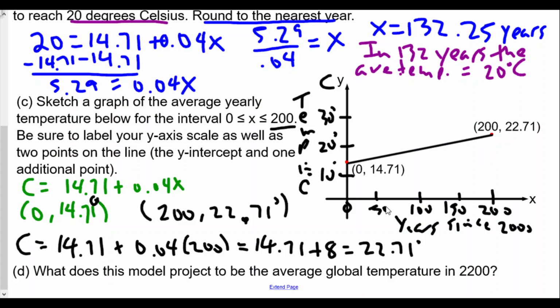Now, finally, for last part D, we have here, what does this model project to be the average global temperature in the year 2200? Well, we actually found that already. So let's lift up a little bit here, give myself a little room.